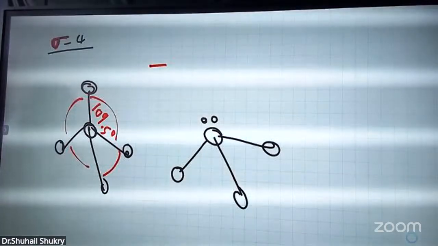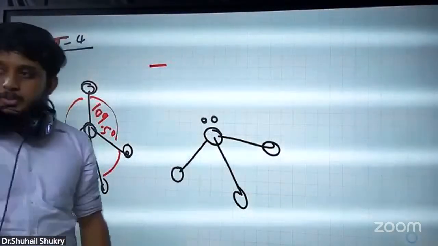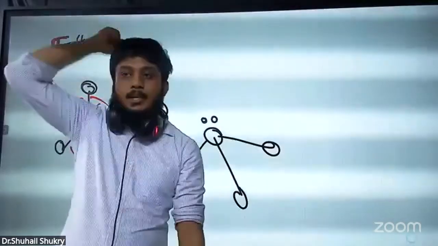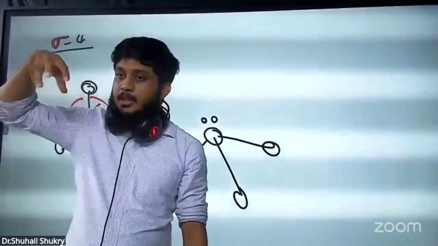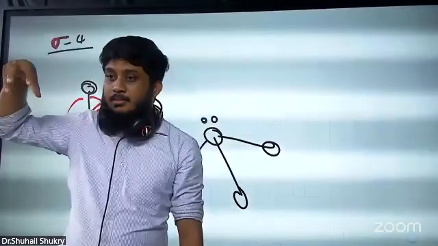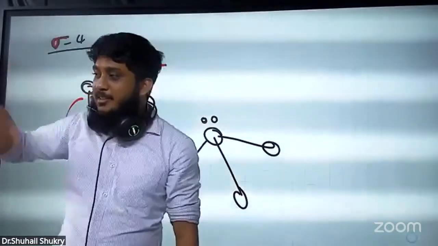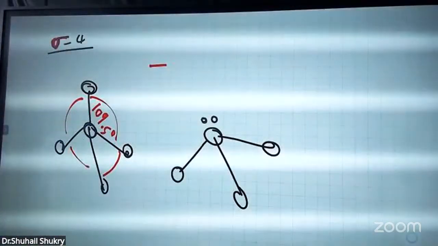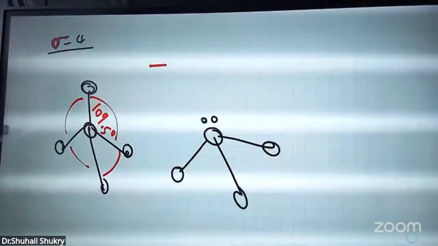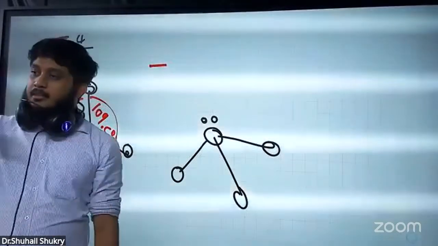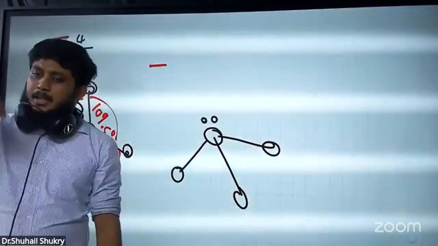Actually, this is a tripod. If I remove the tripod's top part, the remaining part will look like a pyramid. We don't say trigonal, it just looks like a pyramid.